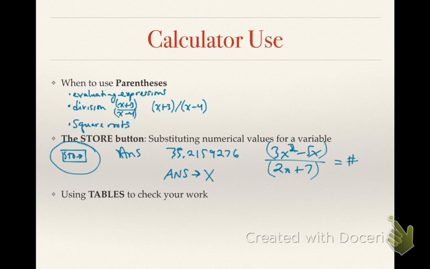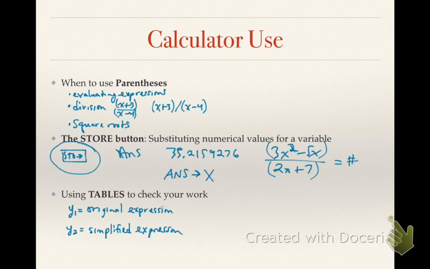And tables, you can use tables to check your work, especially when you're simplifying expressions. So in y1 you might put the original expression before simplifying, and then maybe in y2 you put your simplified expression.